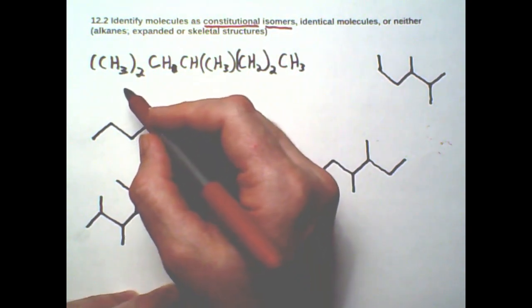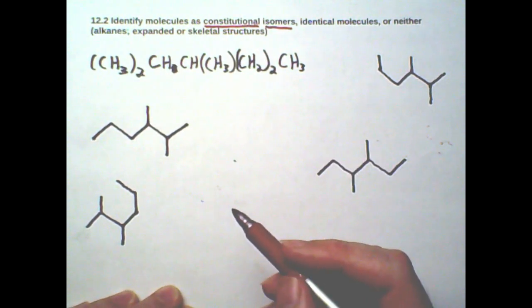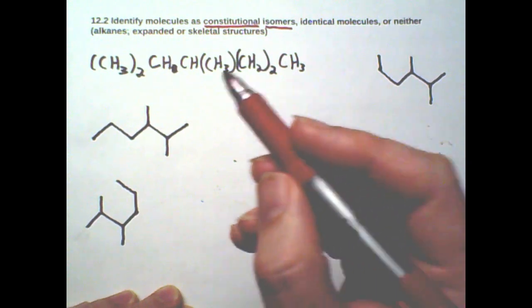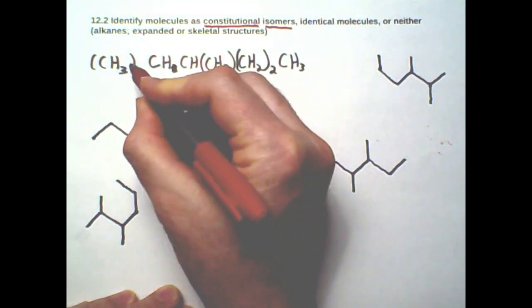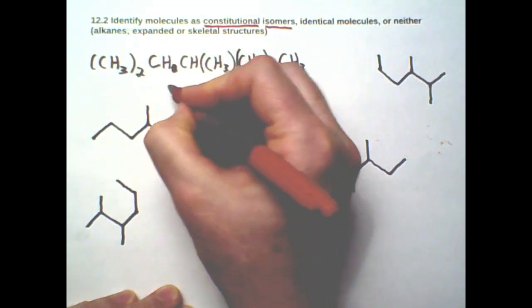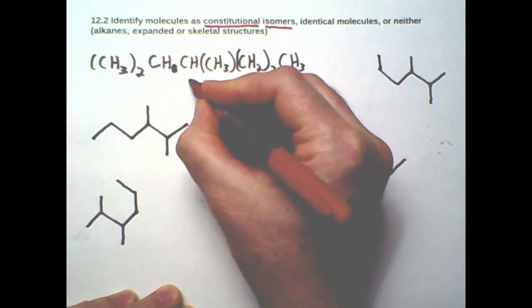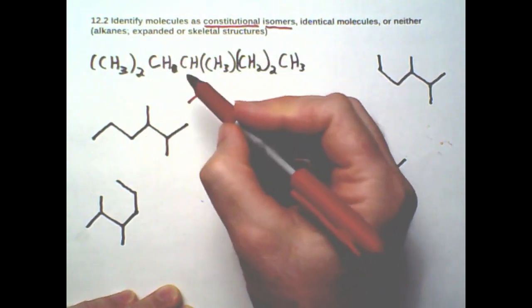There are a few things you can do. First, I would do everything in a skeletal structure. That's the easiest way to see if things are the same. So we've got two CH3s, so they're sticking out on the ends, both connected to this C. So I'm going to put two CH3s connected to a C, CH.